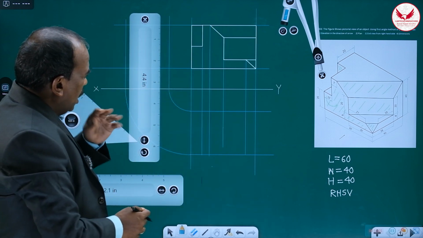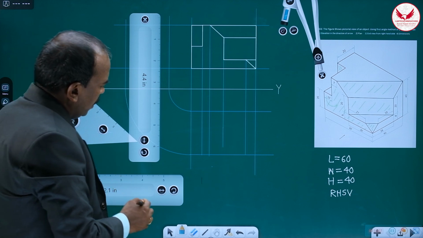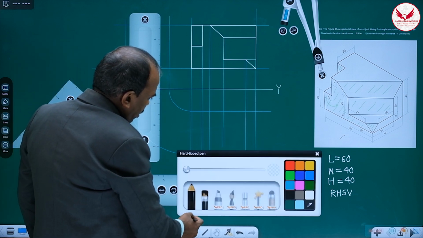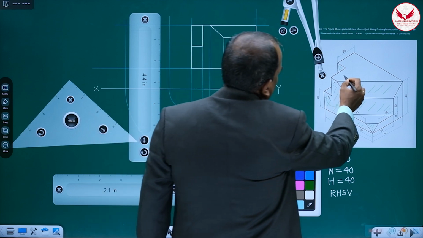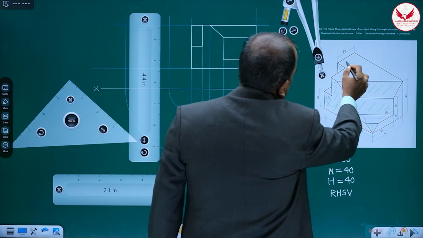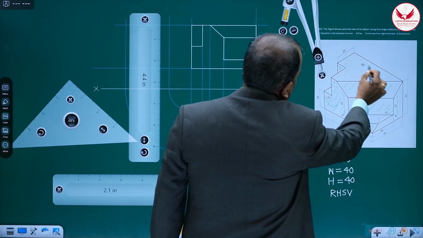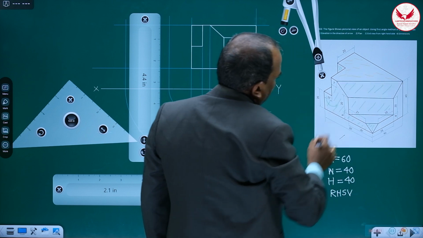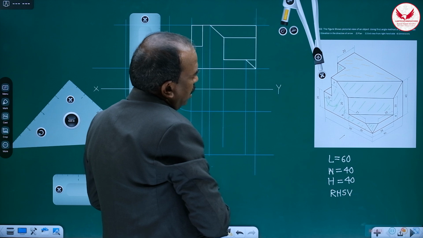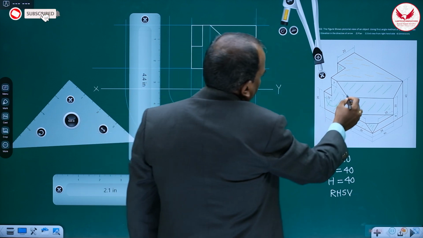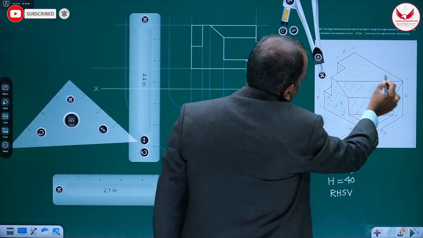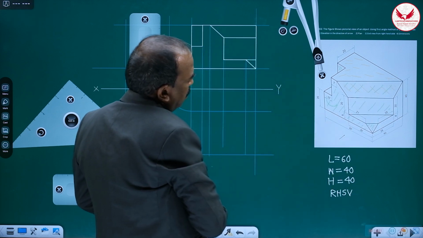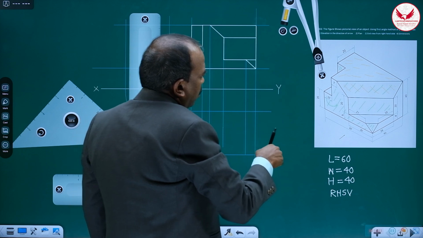Then after that, what can you observe in the top view? You can observe this portion, the part in yellow color, which we can see in the top view. At the same time, this is also a slant surface, also visible in the top view.